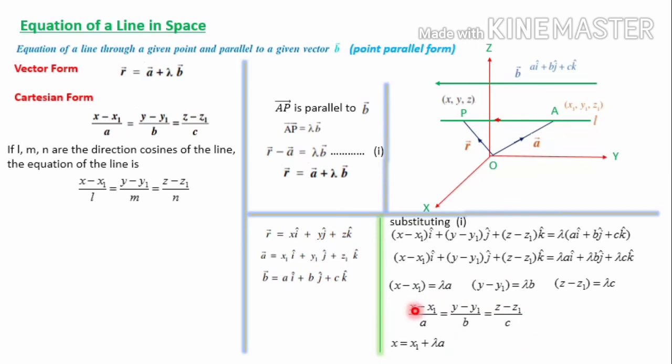The coordinates of the arbitrary point P, that is x, y, and z, we can easily calculate. Since x minus x1 by A is lambda, x comes as x1 plus lambda A, y comes as y1 plus lambda B, and z is equal to z1 plus lambda C. These formulas can be useful if you are asked to calculate x, y, and z.